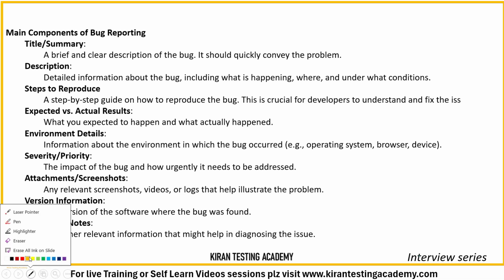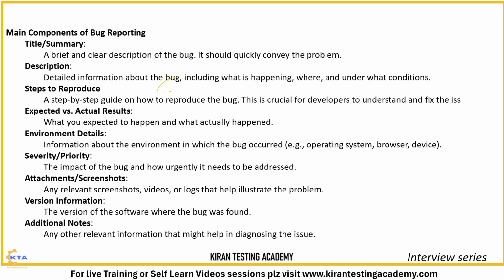It may be Jira or Bugzilla or any defect reporting tool. So the components or the fields we have in that tool, there will be many components, but I am talking about the major components we need to focus on in the interview.